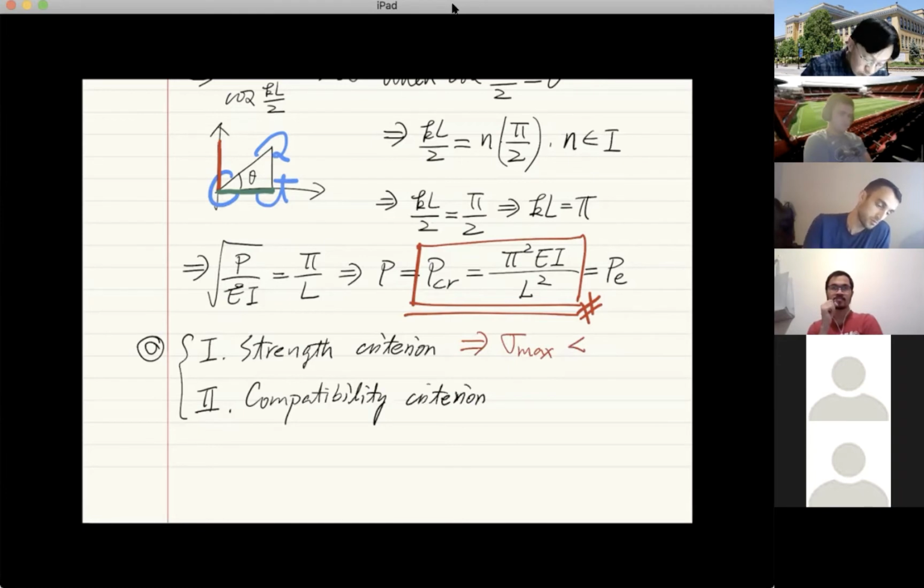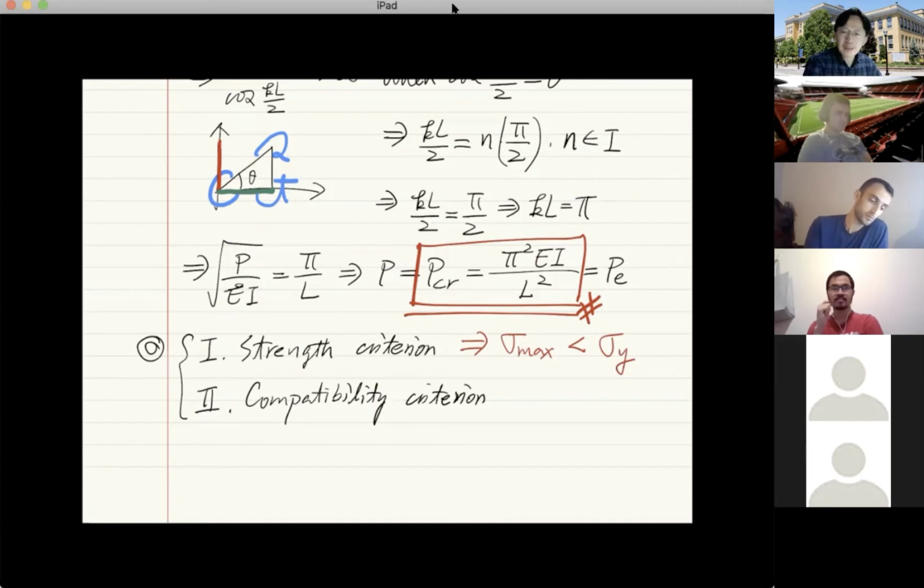And the strength for ductile materials we call sigma y. So when we write, maximum stress sigma max is less than sigma y, that's when we apply the strength criterion.